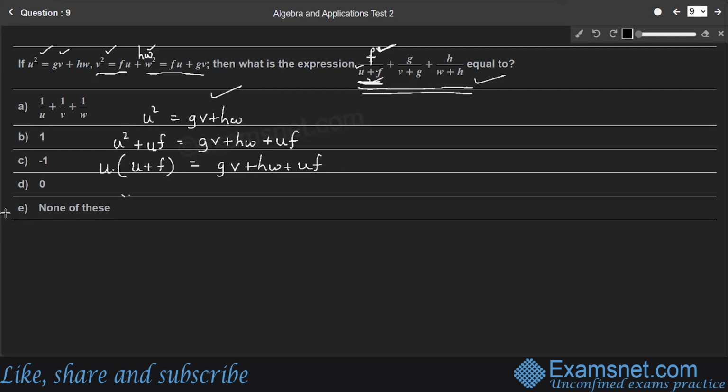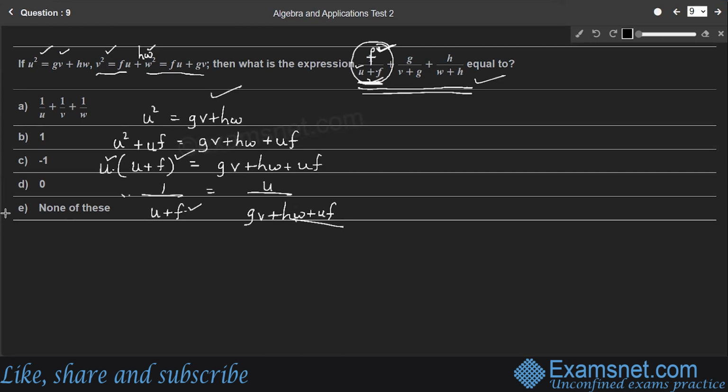Therefore, we can write, look at this expression f by u plus f, right? So 1 by u plus f is equal to u by gv plus hw plus uf. Take this u plus f to the RHS, it goes to the denominator, and in the LHS we get u by gv plus hw plus uf.